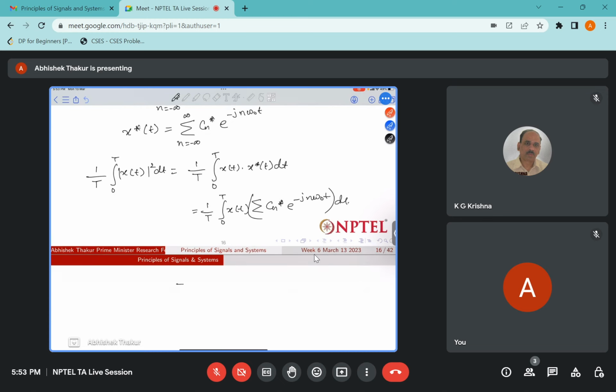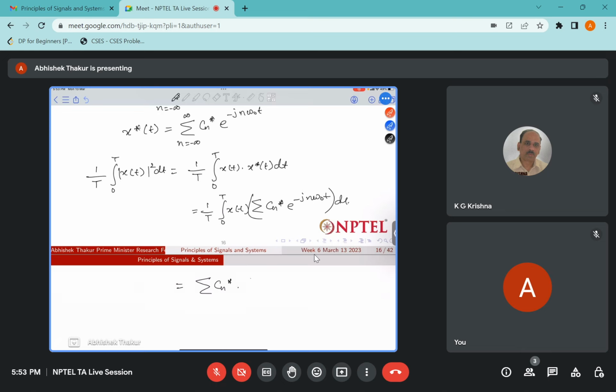This can be further written by exchanging the integration and summation.